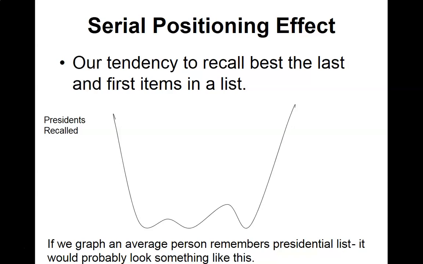Okay, but the ones in the middle are like, huh, we had a president named Garfield? What, we had Grover Cleveland? He's on the list twice? What the heck? All right, but again, primacy, the ones at the beginning: George Washington, Adams, Jefferson. And the more recent ones: Bush, Obama, Trump, Biden. Okay, but somewhere in the middle, our details get a little hazy.